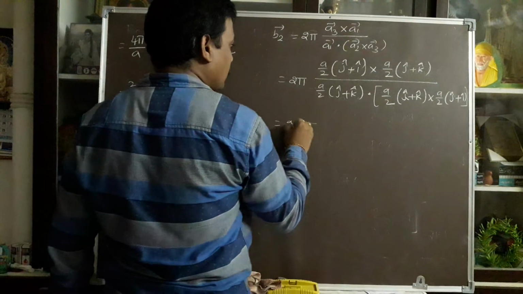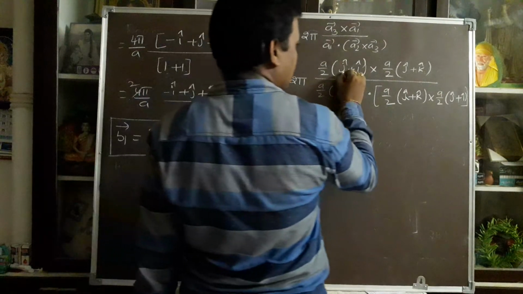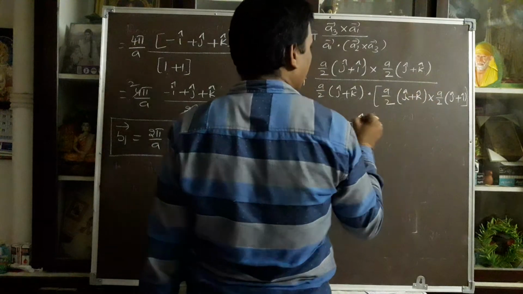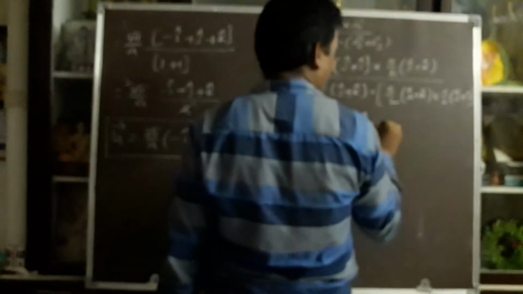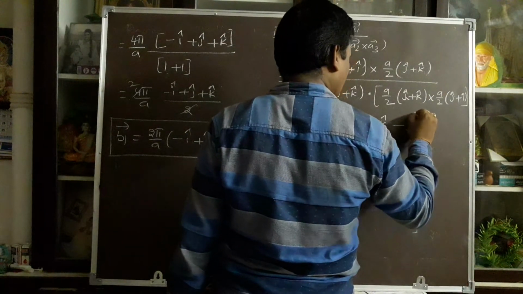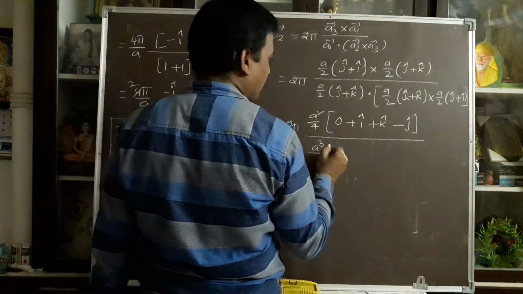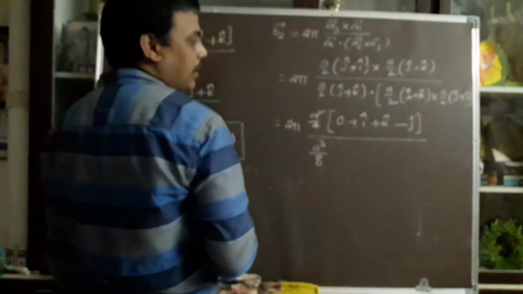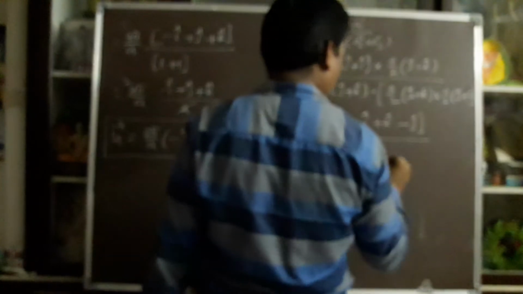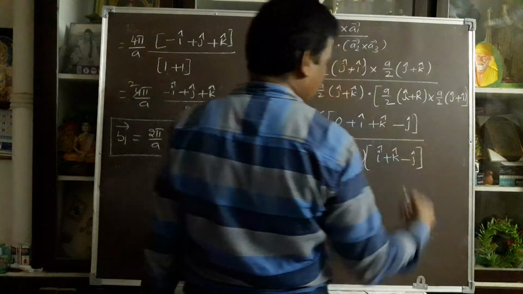So 2 pi into a/2 into a/2, a square by 4, cross product: j bar cross j bar is 0, j bar cross k bar is i, i bar cross j bar is k, i bar cross k cap is minus j cap, divided by a cube by 8 into (j bar plus k bar) dot the cross product.